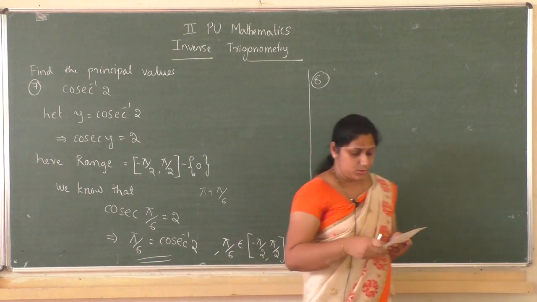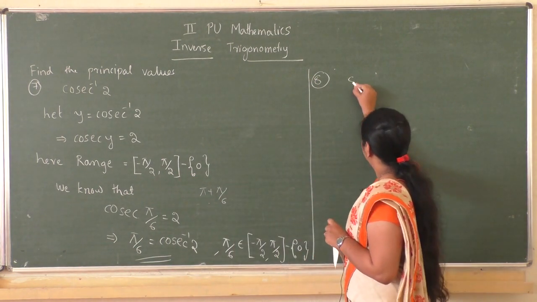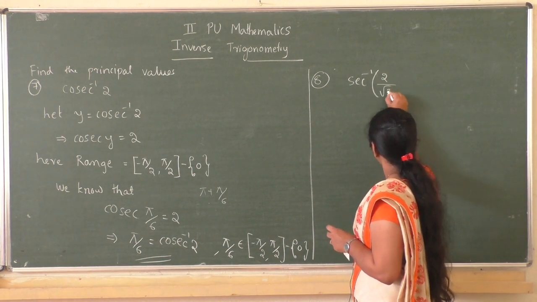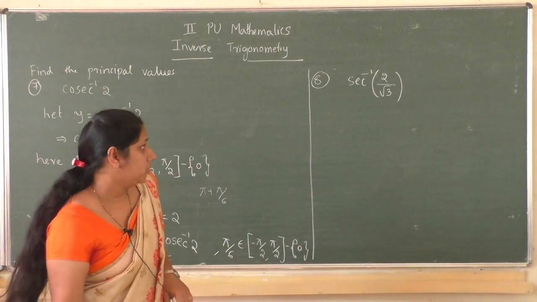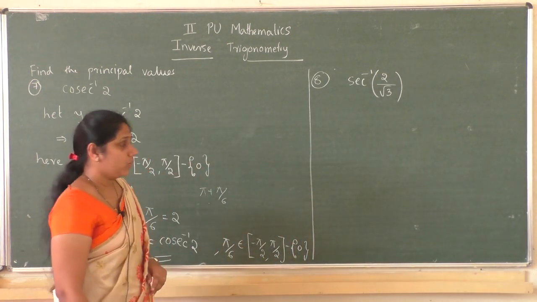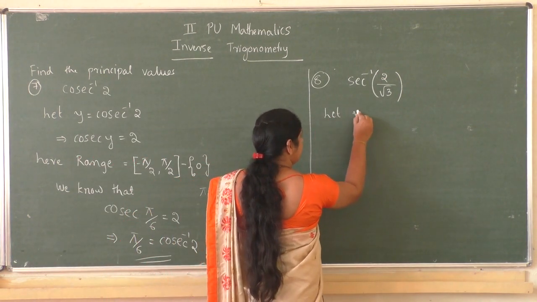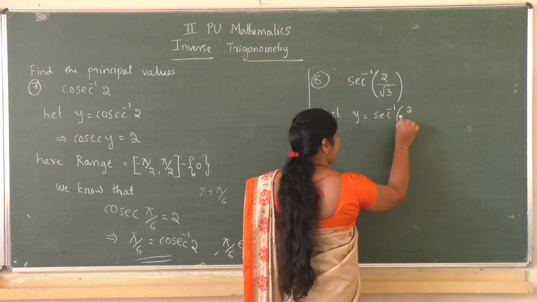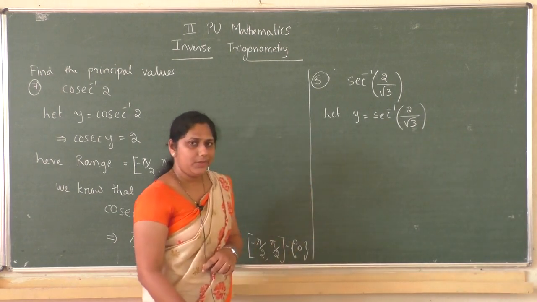Next question, question number 8. Sec inverse 2 by root 3. So same procedure we have to do. So you have to consider let y as sec inverse 2 by root 3.